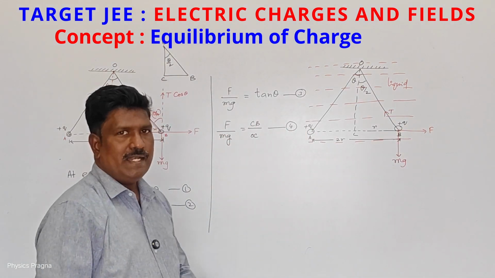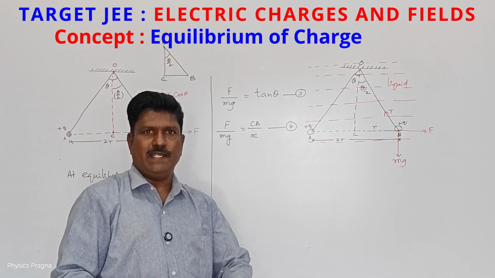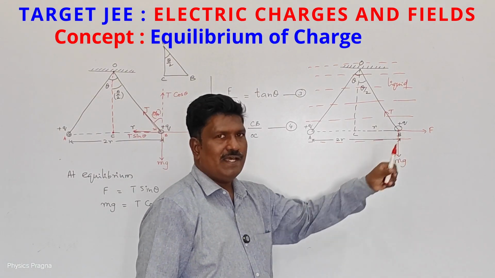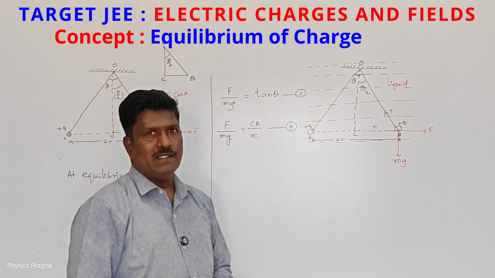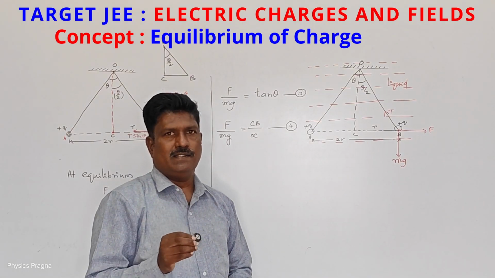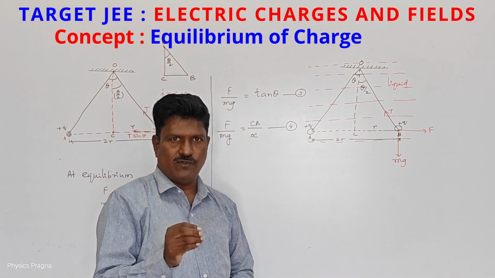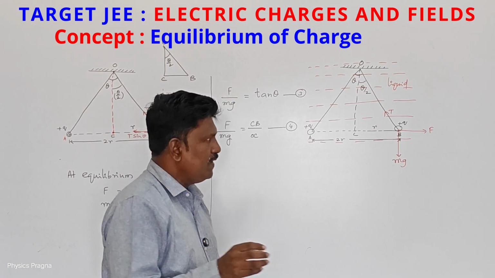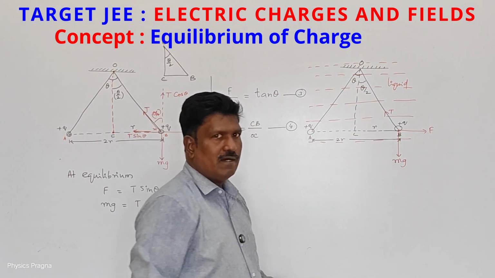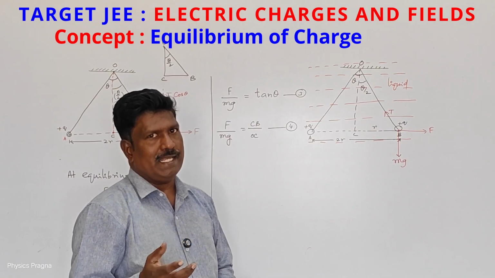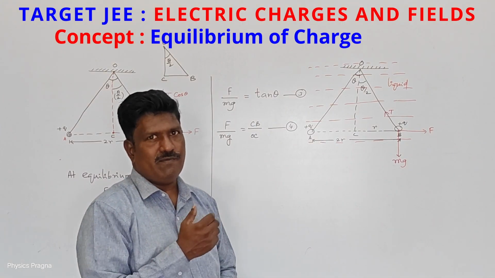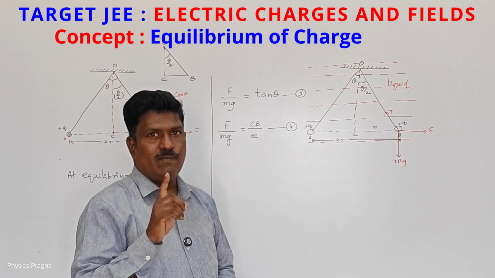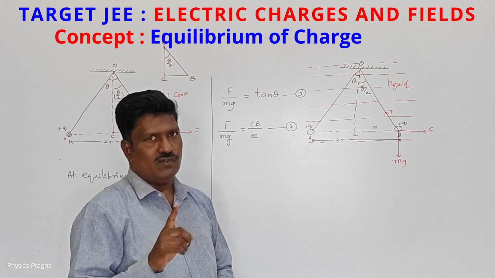But one thing, whenever it is submerged in a liquid, the g value changes and the F value also changes. Why? Coulomb's law, the electrostatic force, is defined when the two charges are in vacuum or air. If some medium is there between the charges, the medium will affect the magnitude of the force.